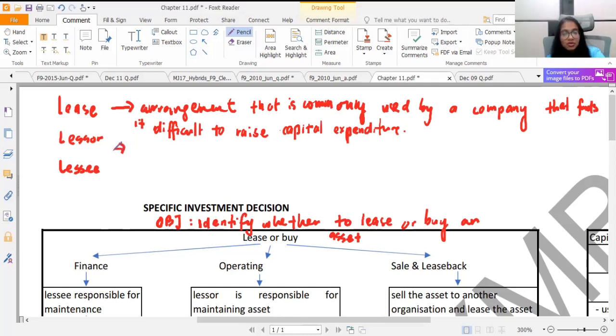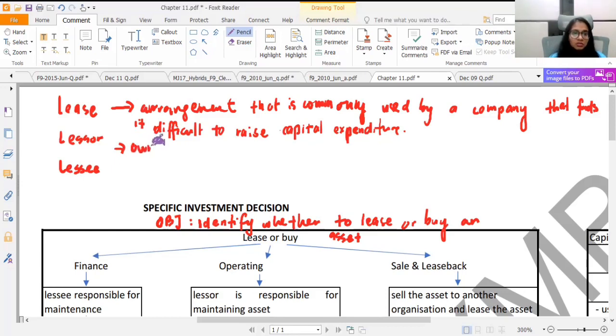A lessor. So, what is a lessor? Who is a lessor? A lessor is the person who owns the asset, and he is also the person that provided the initial finance for the asset. That means he purchased the asset, he bought the asset, he used his own capital to purchase the asset.